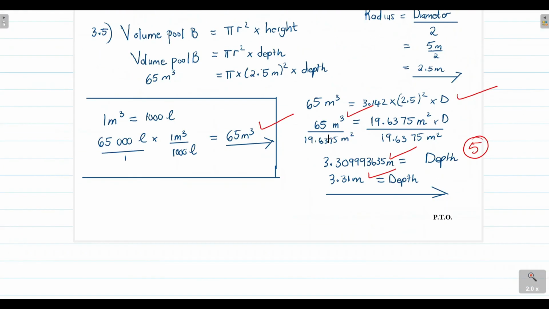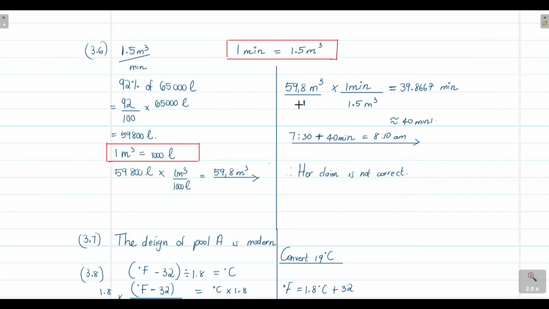Okay, let's look at question 3.6. For question 3.6, you get a mark for first calculating how much is 92% of 65,000 and getting that it's 59,800 liters. Okay, you'll get another mark for converting your 59.8 meters cubed to the time that it would take to fill up those cubic meters.